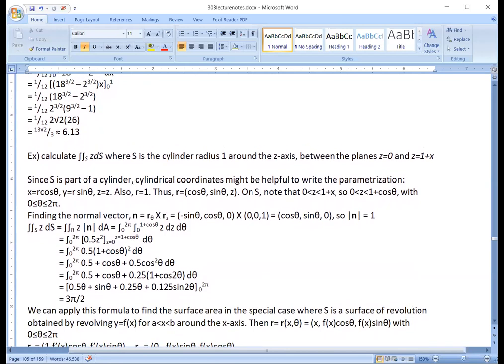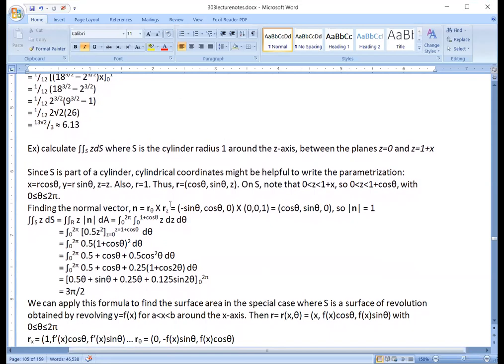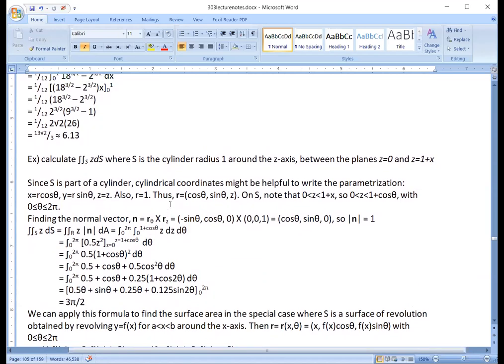So now let's work out, for fun, what the general formula would be, in order to find the surface area. To do that, we would need, first of all, both tangent vectors. We're going to need dr dx and dr d theta.